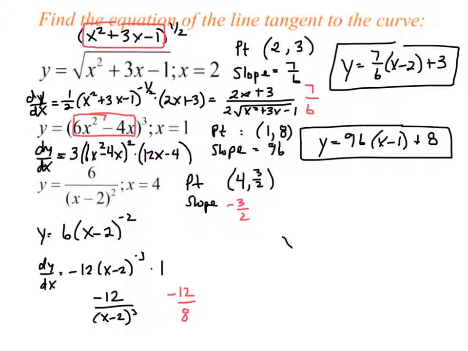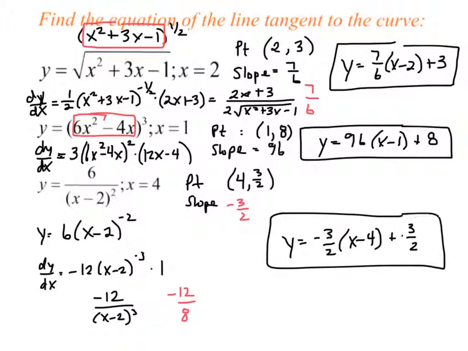So my tangent line is that. So don't lose sight of the fact that tangent lines are the same as they always have been. You just might need a new derivative rule to find the slope.